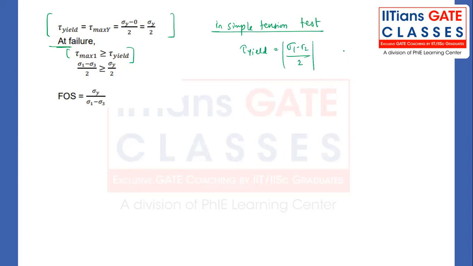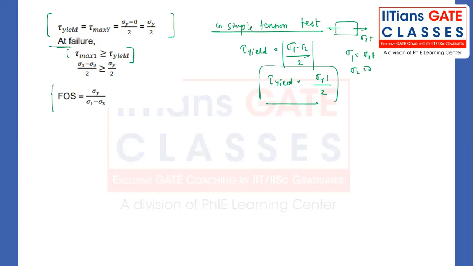But in a simple tension test we apply only uniaxial tension, so sigma 1 will be sigma yt and sigma 2 will be 0. So tau yield value will be sigma yt divided by 2. This is the failure stress when twisting has been applied. If tau maximum reaches beyond tau yield, we say failure will happen, and accordingly you can calculate the factor of safety.